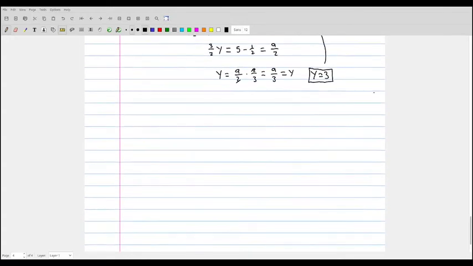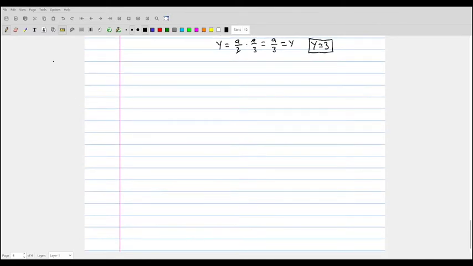Now a nice way of visualizing solutions, which we can take with us into higher dimensions as well, is to visualize both of these linear equations in terms of what they represent geometrically.